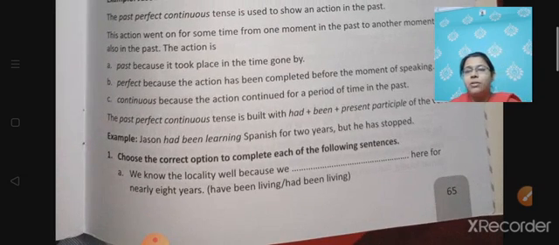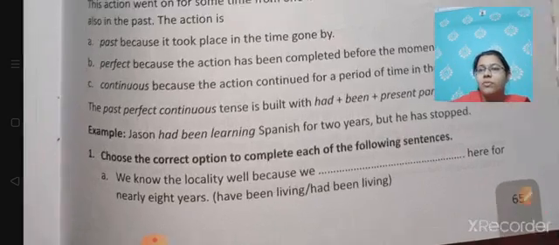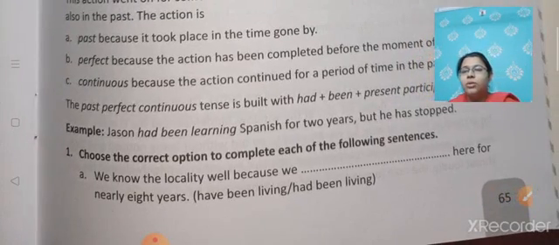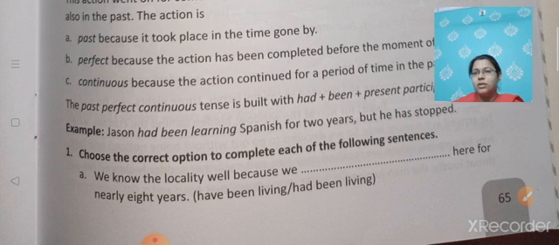For example, let's see the exercise over here. Choose the correct option to complete each of the following sentences. The first one over here is, we know the locality well because we dash here for nearly 8 years. We know the locality well.